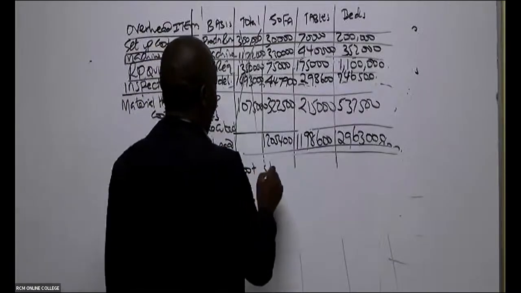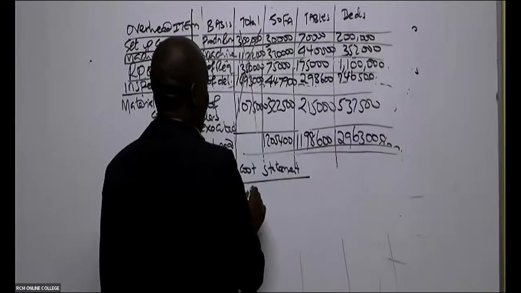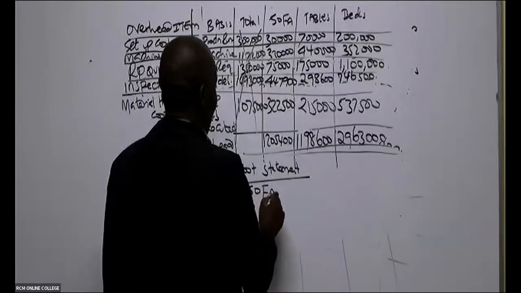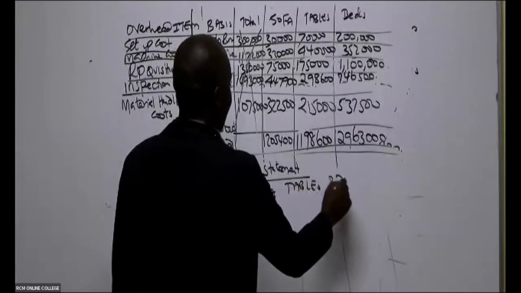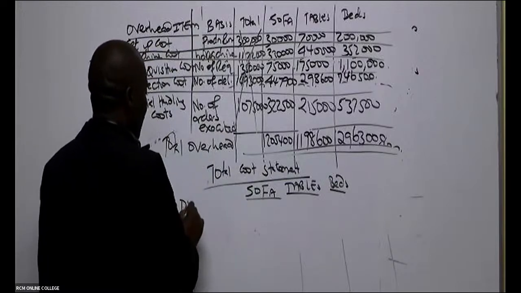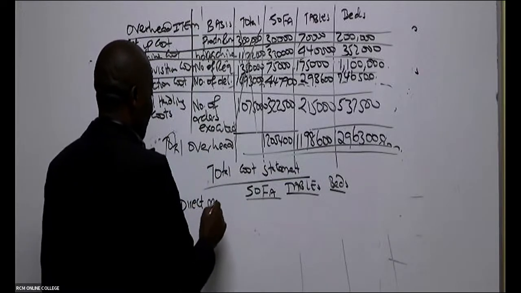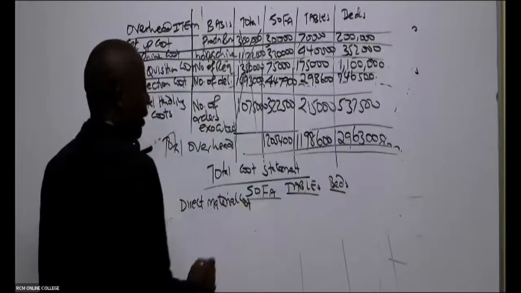Total cost statement, where we have 3 products so far: sofa, tables, beds. We start with the prime costs, where we start with direct material cost. Remember, this doesn't change.